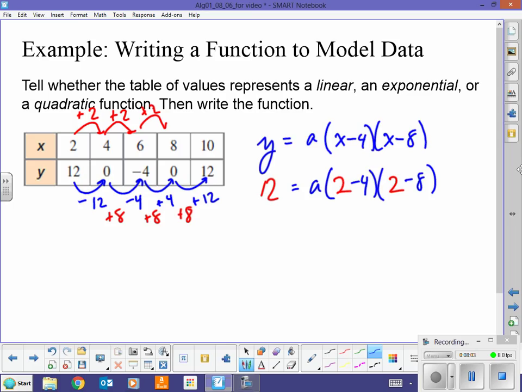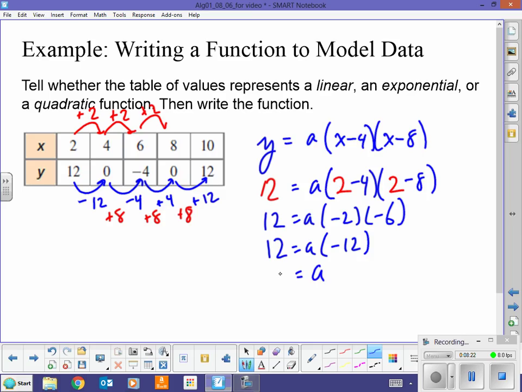Okay. So what do we have? 12 equals a times negative 2 times negative 6. So 12 equals a times negative 12. Dividing both sides by negative 12, a will equal 1.